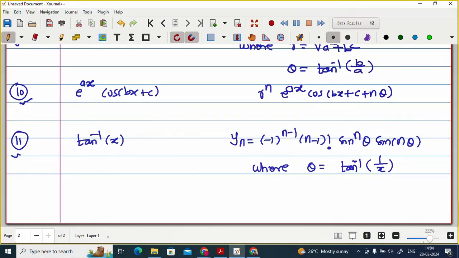And the 11th formula, there are some examples which we will solve by using some substitution. Examples involving the substitution.